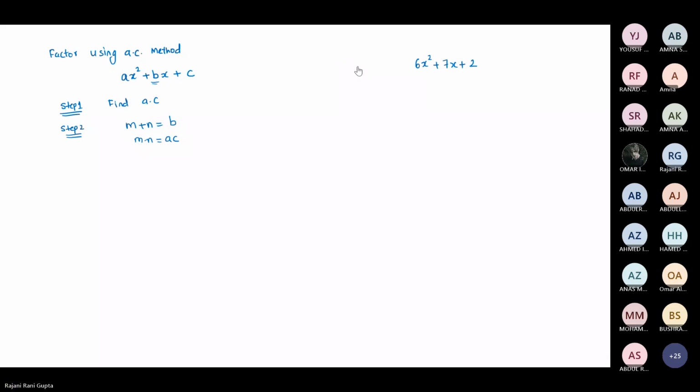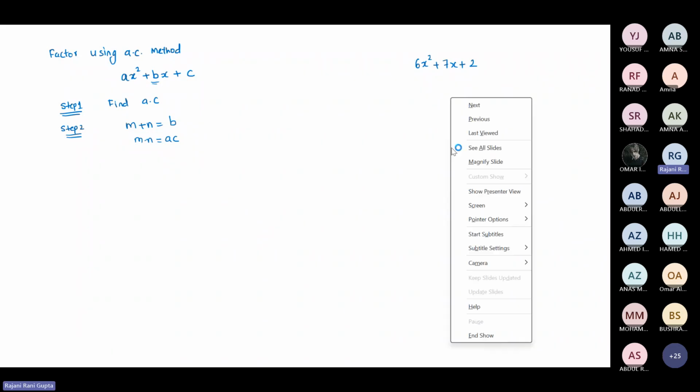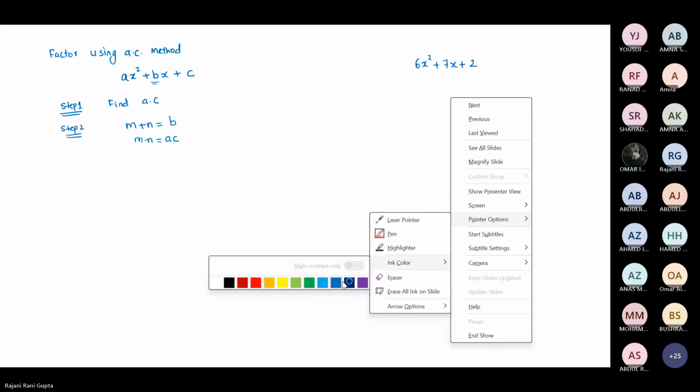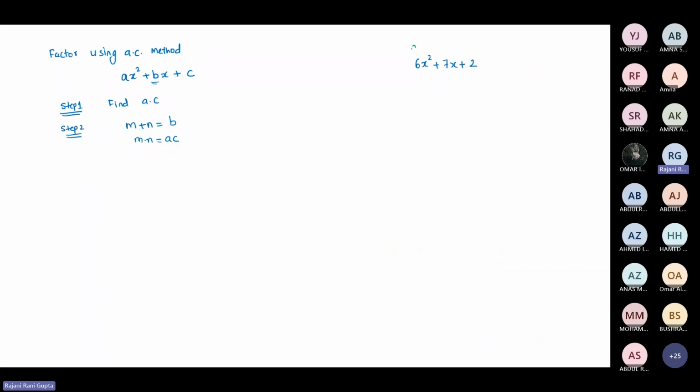Okay, so let's see here. Can you tell me if I compare this question with ax square plus bx plus c, what is a and what is b and what is c? Yes, can you tell me what is the value of a? 6.